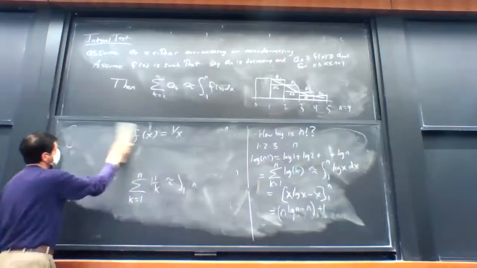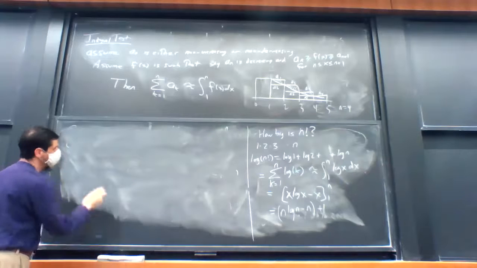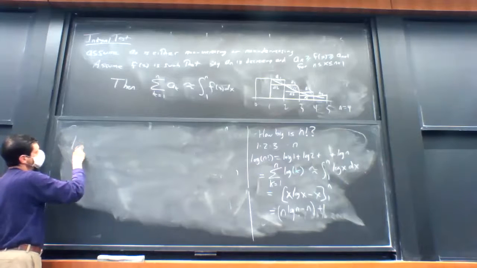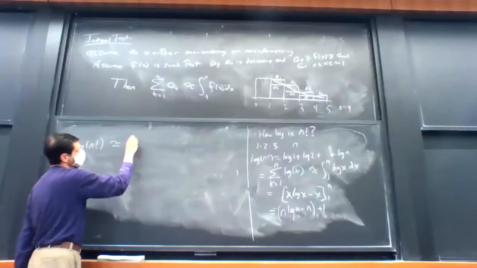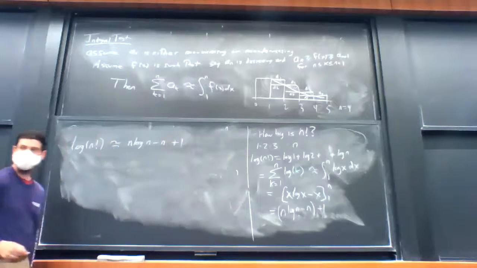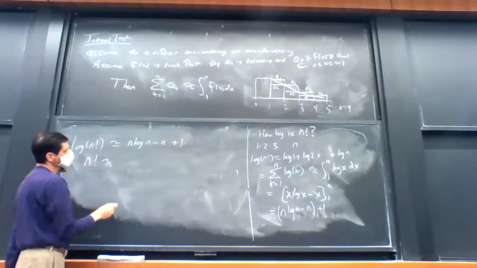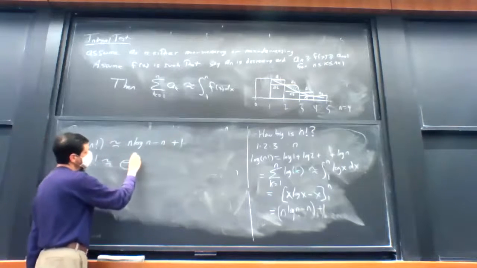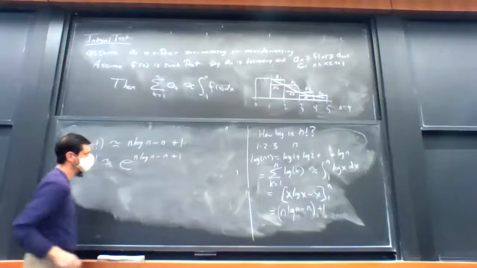I'm running a little bit out of room. So we get the log of n factorial is approximately n log n minus n plus 1. So we get n factorial is approximately e to the n log n minus n plus 1.